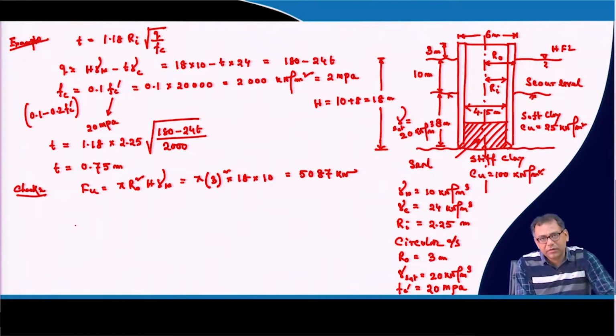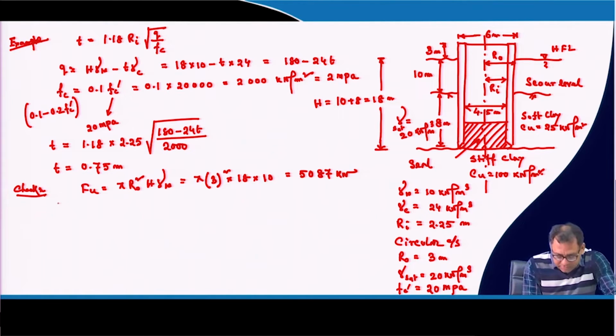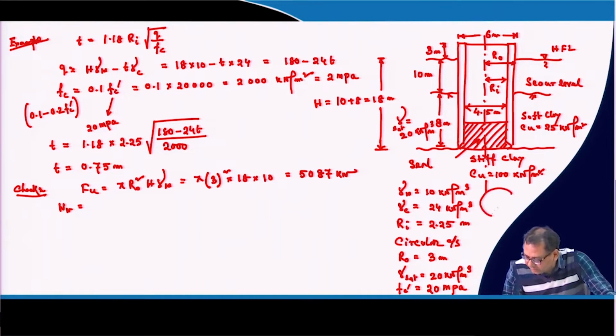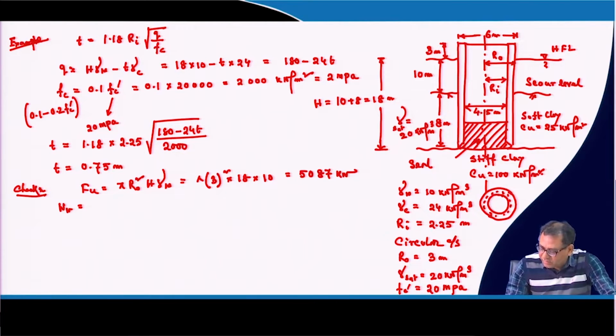Now, we have downward forces, and those are the weight of the shaft, the weight of the seal, and the friction force. At this stage, there are no other components present, only the shaft and the seal at the bottom, so these two weights we have to consider.